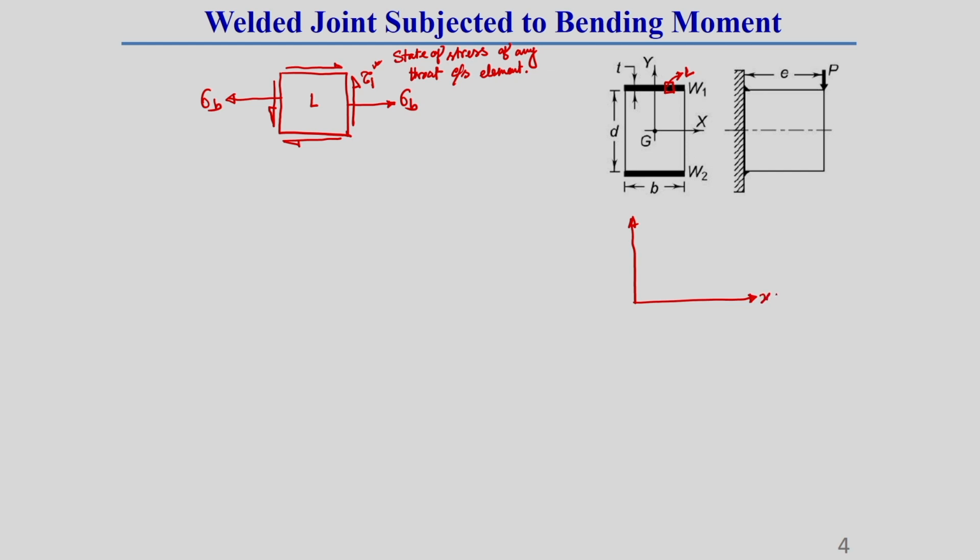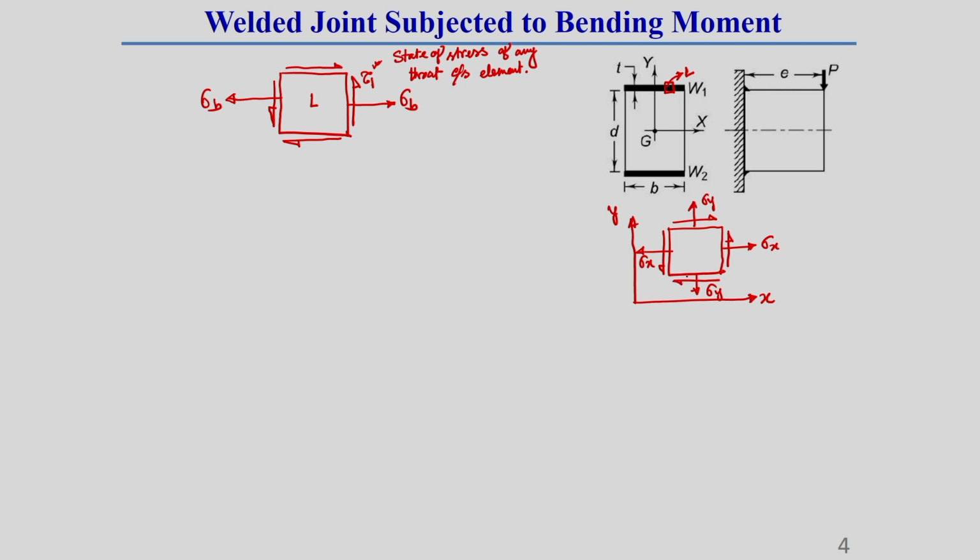Let us consider this is the x axis, this is the y axis, and let us consider an element which is subjected to some biaxial stress, sigma x and sigma y. I am refreshing your idea of these things.